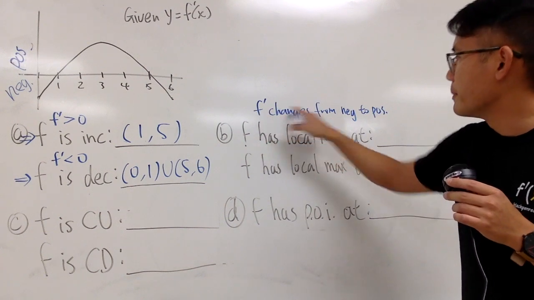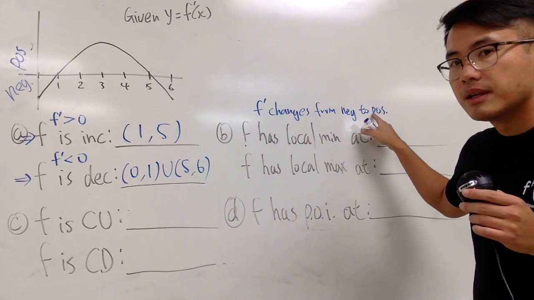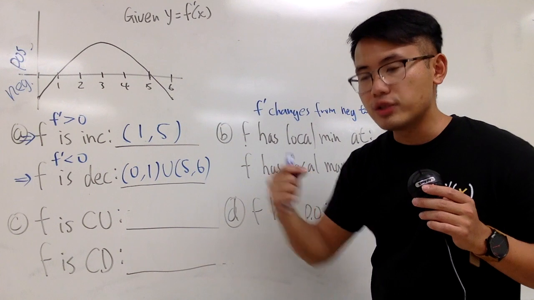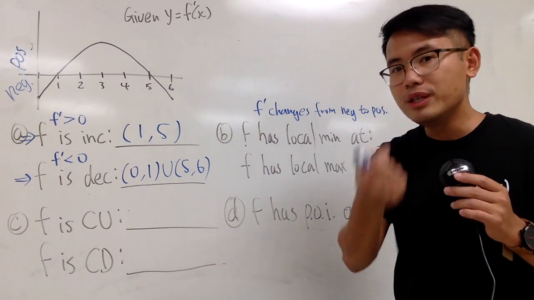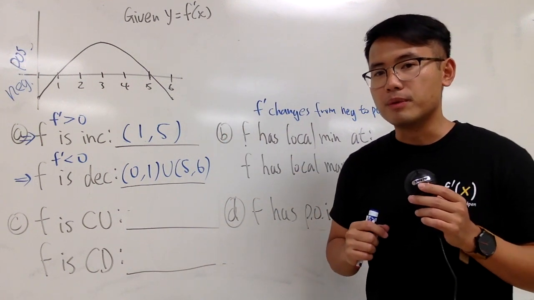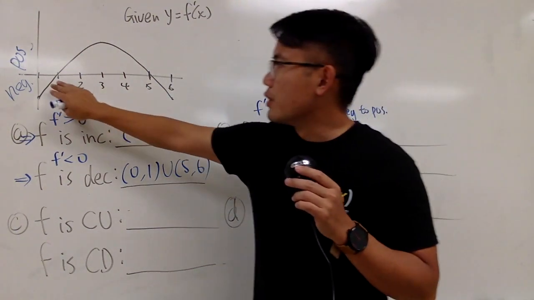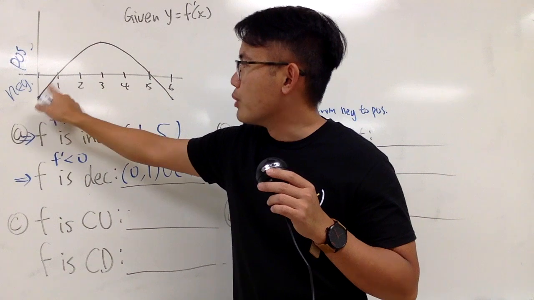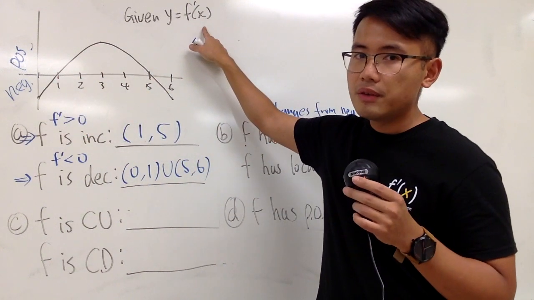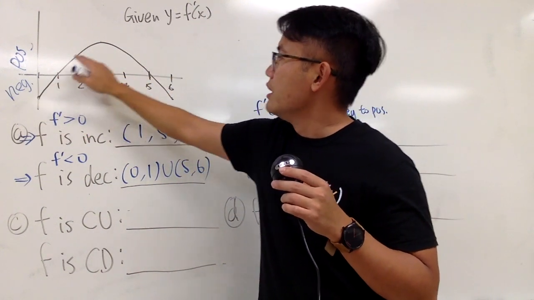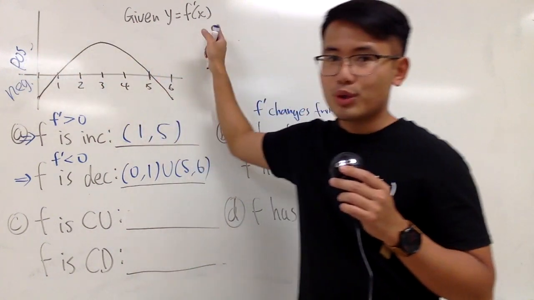Because if f prime goes from negative to positive, that will tell you the original function goes from decreasing to increasing, then we will have a local minimum. So negative to positive, so it seems it's right here, right? Because in this portion, we have negative derivative, and then in this portion here, it becomes positive derivative.